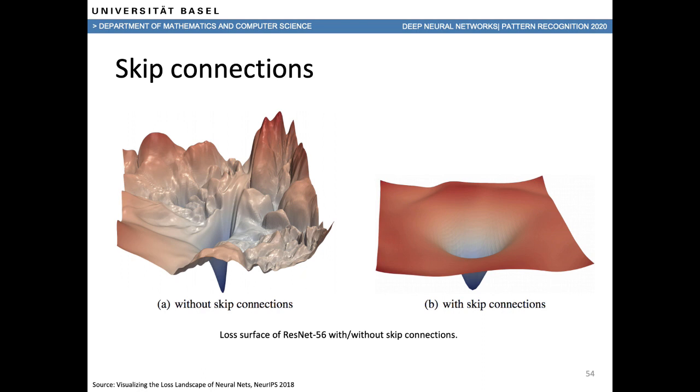In that paper, you'll find this visualization here, where they came up with a method to, in some easy or explainable way, visualize the loss landscape of neural networks, where we have a loss landscape looking something like the one to the left if we are not using any skip connections, and the one to the right way smoother if we are using skip connections. So these two networks just show the loss landscape difference when using a ResNet 56 with or without skip connections.